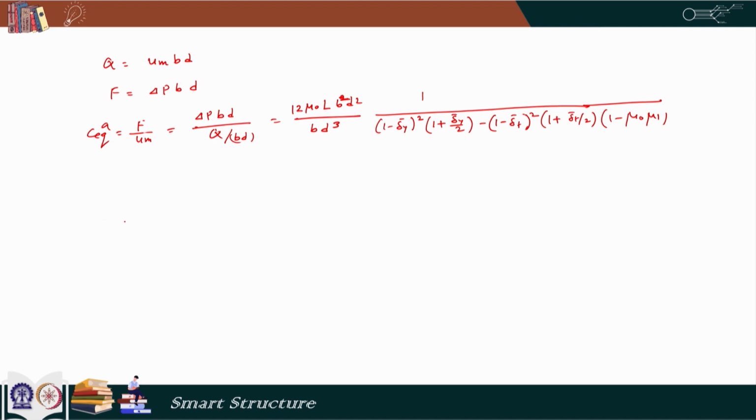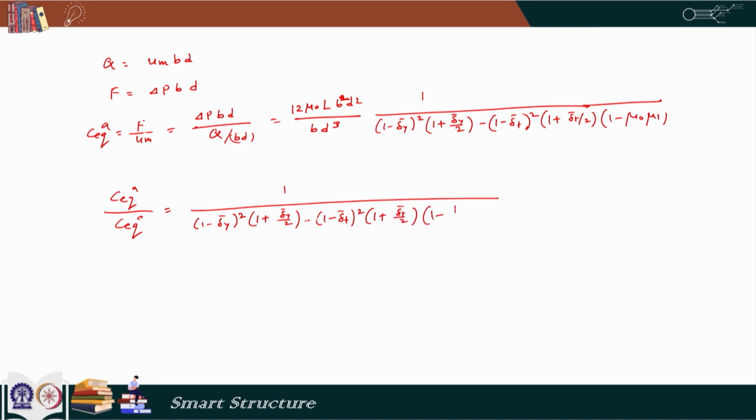And for that we can just find that out by Ceq A divided by Ceq 0, and that again using the same approach comes as 1 by delta 1 square multiplied by 1 by delta y bar whole square multiplied by 1 plus delta y bar by 2, just this denominator should come here, multiplied by this into 1 plus delta t bar by 2 multiplied by 1 minus mu 0 by mu 1.